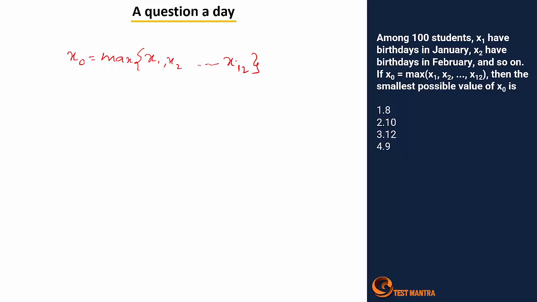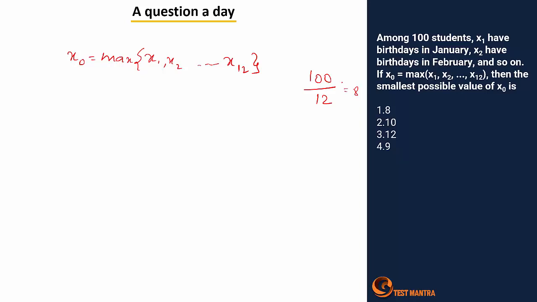So since 100 students are there and 12 months are there, I'll try to keep an equal number of students whose birthdays lie in the respective months. So ideally I have 100 people and I'll divide this by 12 and work on the quotient. If we consider 9 times, it's 108, so not possible. 8 times, right?